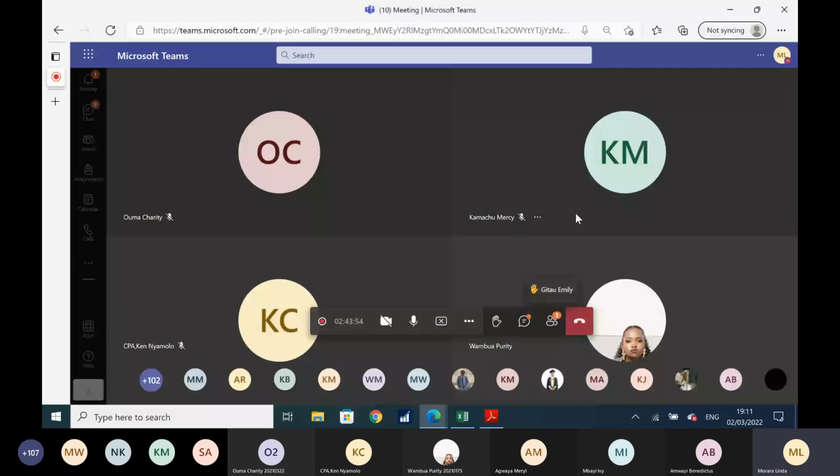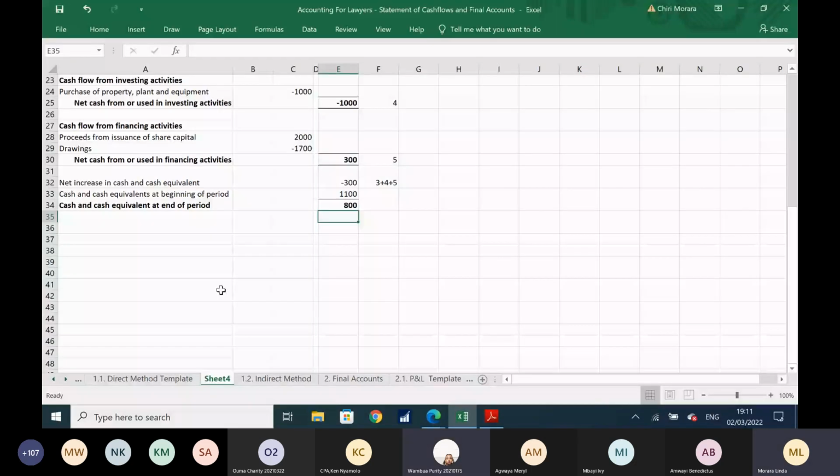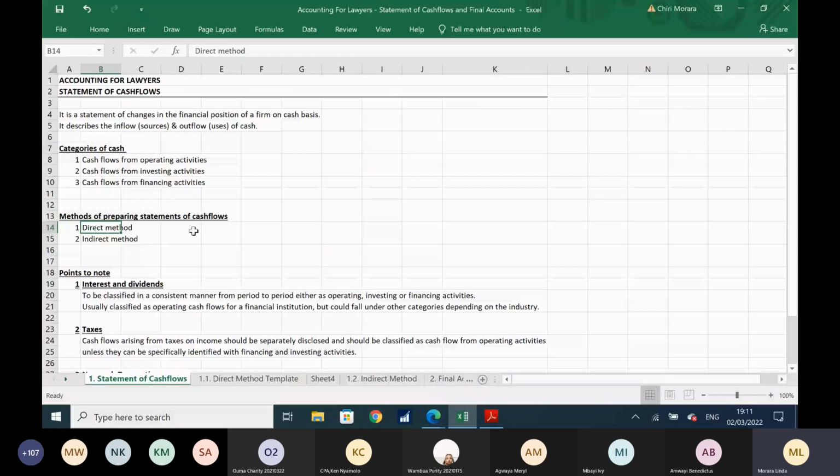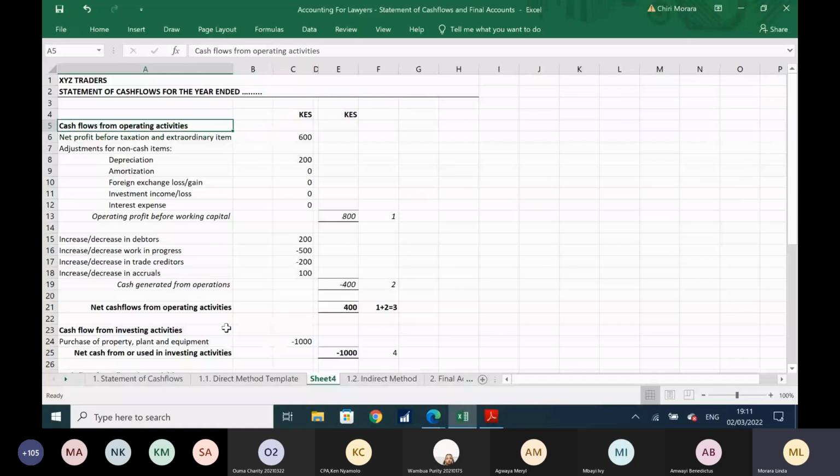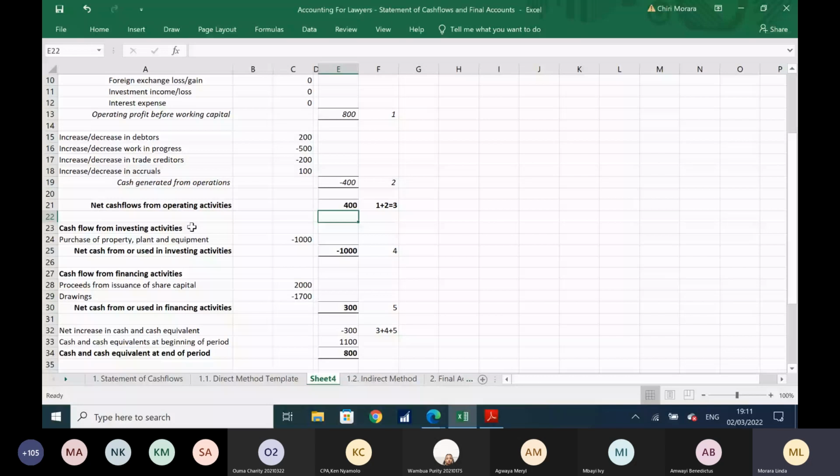Okay, let me just say that again. When we started with our statement of cash flows, we said we have 3 categories: operating, investing, and financing. How much cash you have is the total from operating plus the total from investing plus the total from financing. So we worked out those relevant to operating, and our total was 400. Investing, the total was negative 1,000.